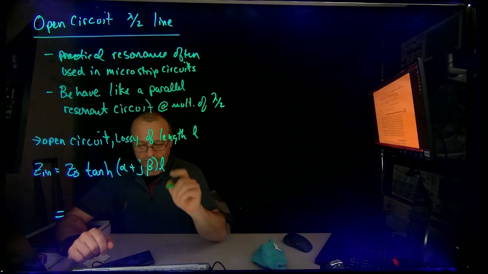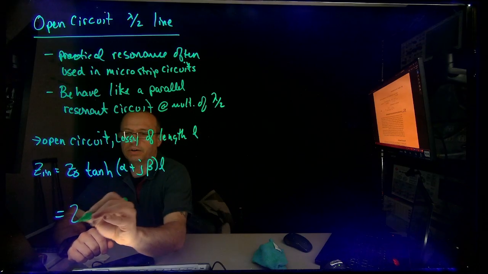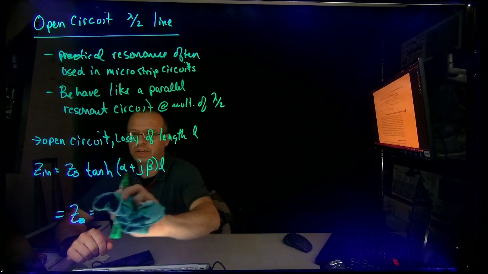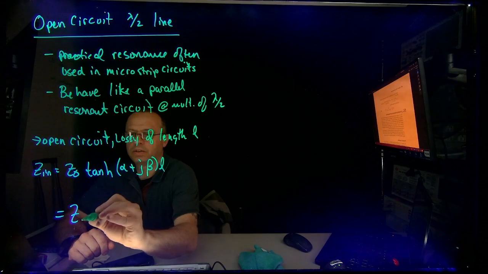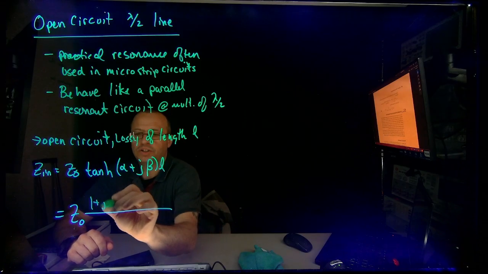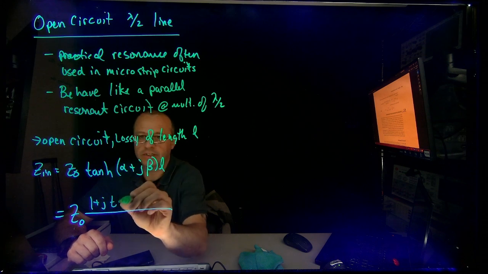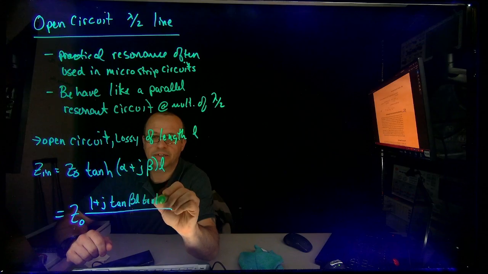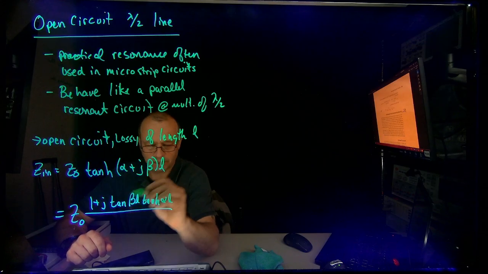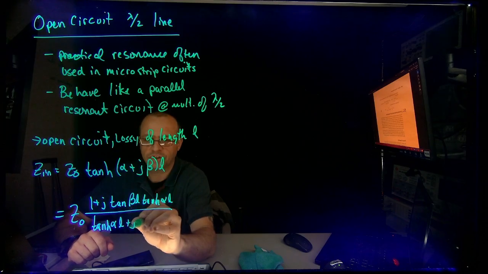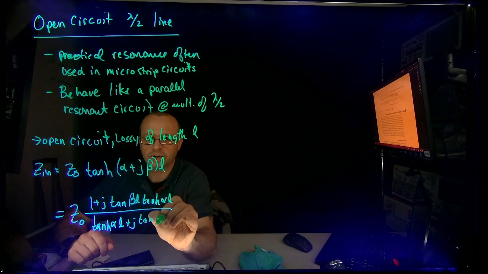So we're going to say this equals our Z0, times 1 plus j tangent beta L, over hyperbolic tangent alpha L plus j tangent beta L in the denominator.